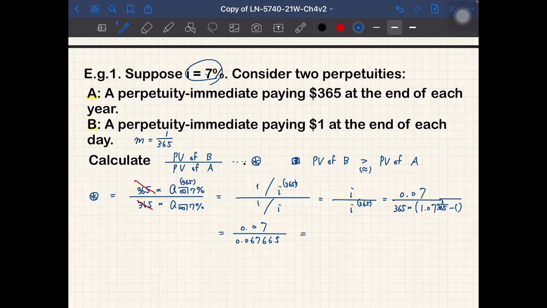And if you divide 0.07 by this, it becomes 1.0345. So it's pretty reasonable. For perpetuity B, you receive amounts that on average are half a year earlier, so it's worth basically half a year of interest more than perpetuity A. So 3.45% is actually the larger present value. Yeah, so this is an example for the perpetuities with m-thly payments.